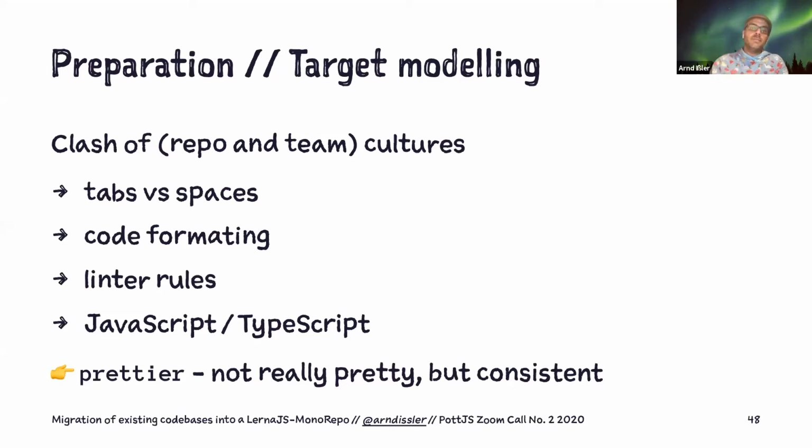So this is sand in the gearbox for every project, especially if you want to put everything into one melting pot, which is a MonoRepo. The solution you choose must not be optimal for everyone, but at least you need a solid foundation. So instead of discussing coding styles for hours, just use Prettier, and you have a common foundation to start from.